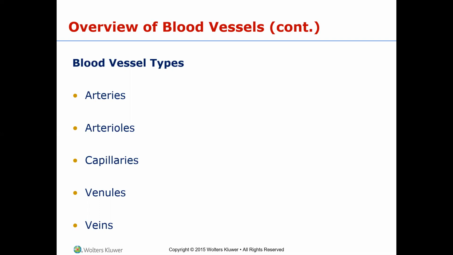The veins do get smaller the further away that they move from the heart. Capillaries are the link between the arterioles and the venules, and that's where most of the exchange of oxygen and the gases between the blood and the tissues on the other side do occur.